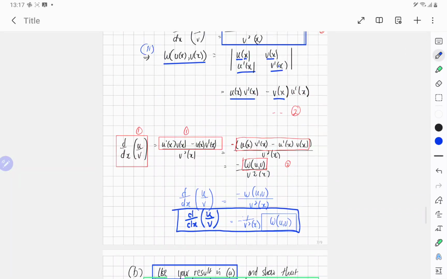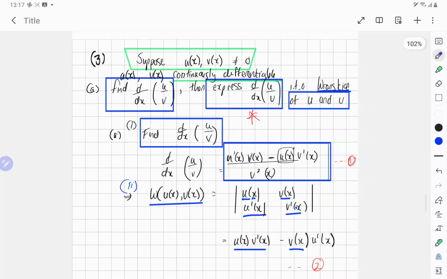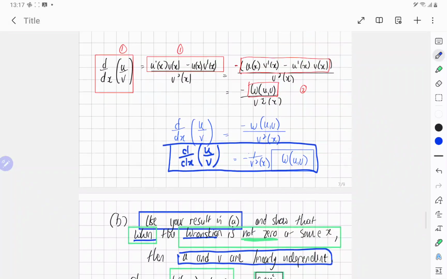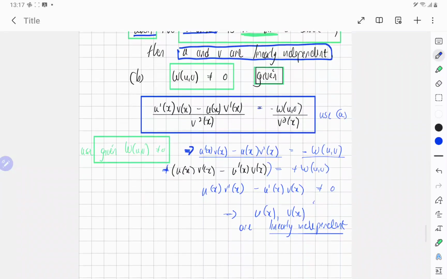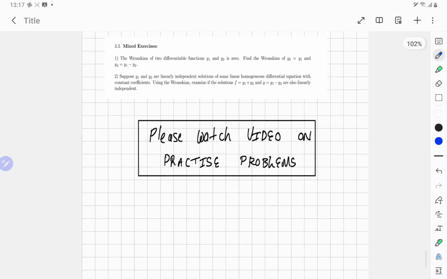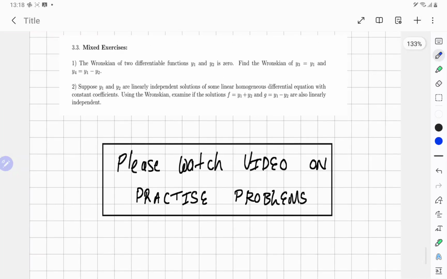So just make 100% sure you do understand every step of this harder, more difficult exam and test type question. So that is the end of our first video on homogeneous differential equations, and here I've given 2 practice problems that you can try by yourself.